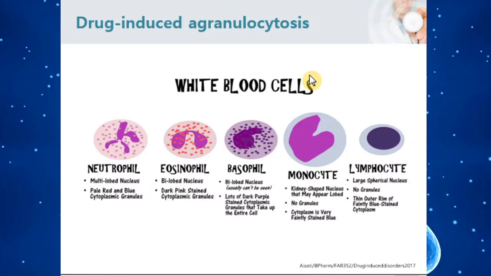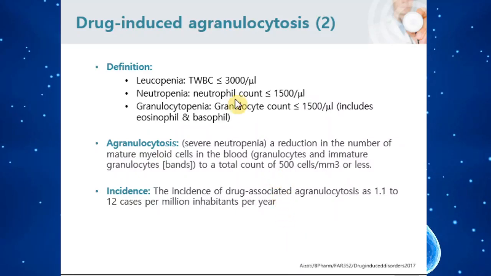So for drug-induced agranulocytosis, we have 5 different types of WBCs. We have neutrophil, eosinophil, basophil, monocyte, and lymphocyte. And I believe you already learned about these types of WBCs before. We have different definitions when it comes to agranulocytosis, depending on the type of WBC affected.